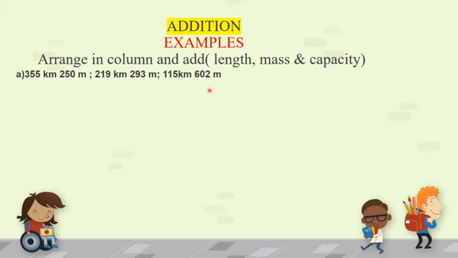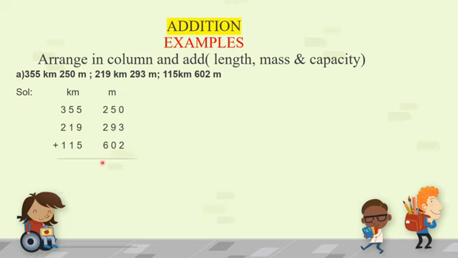We have to only make columns for kilometer and meter. You'll make a column for kilometer and one unit column for meter, and then you will arrange the numbers accordingly. All the kilometer numbers will be in the kilometer column and all the meter numbers will be in the meter side. So here we have arranged the numbers.